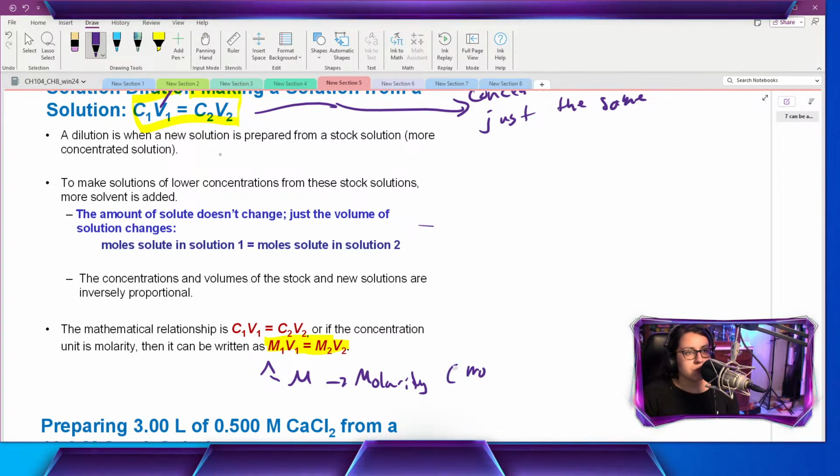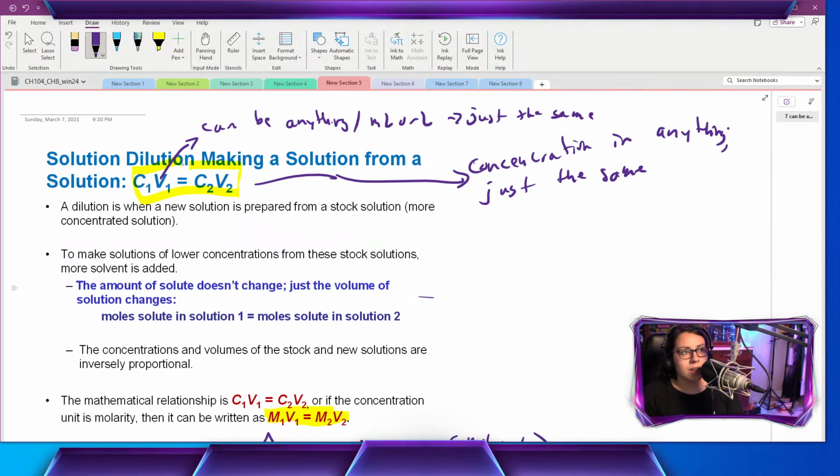So again, that's moles over liters, but it doesn't have to be molarity. This is just specific to molarity, and it's given like this since chemists often use molarity. But I don't want you to think, oh, I need a new formula if it's given in something else, or that you need to convert. Just make it easy. Stay consistent with your units.